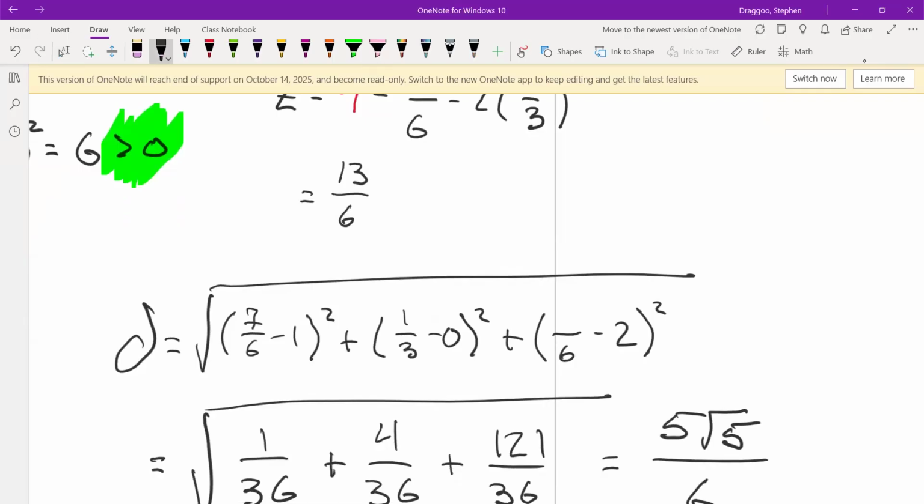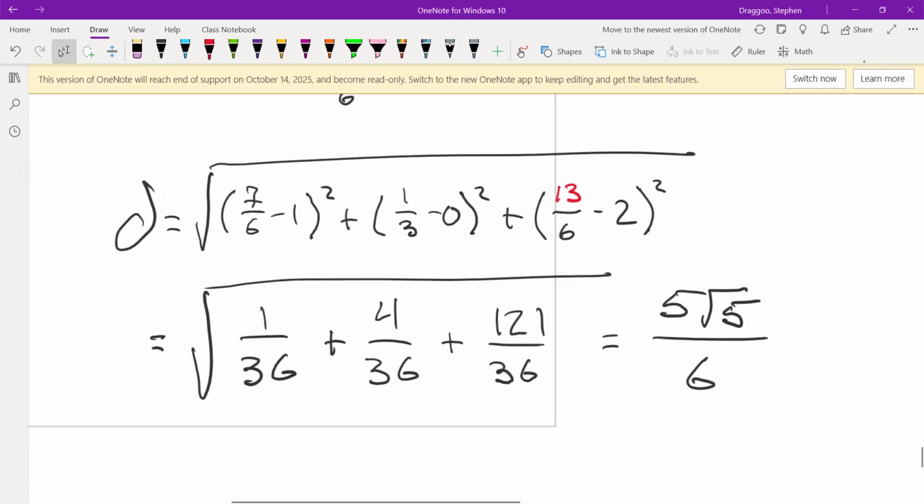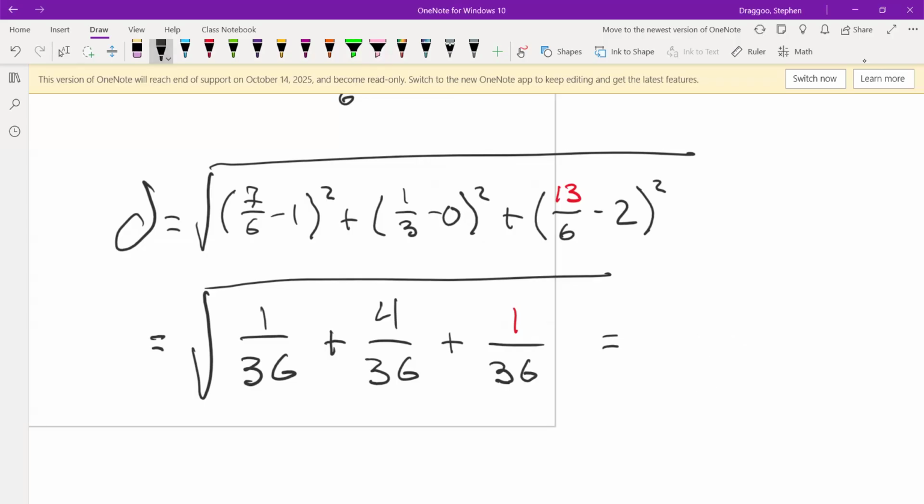Because then, if I look at this value right there, 13 over 6 minus 2, that difference is going to become 1 over 6. 13 over 6 minus 12 over 6 is 1 over 6, meaning I simply have a 1 over 36 here on the inside of my square root, and then things simplify significantly more nicely.